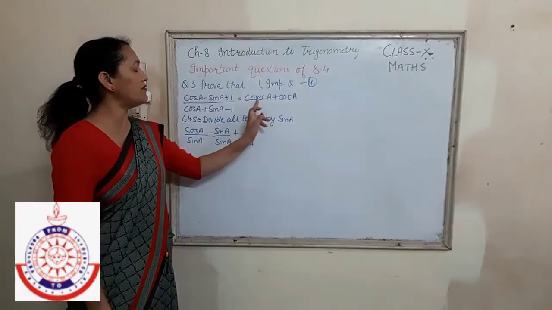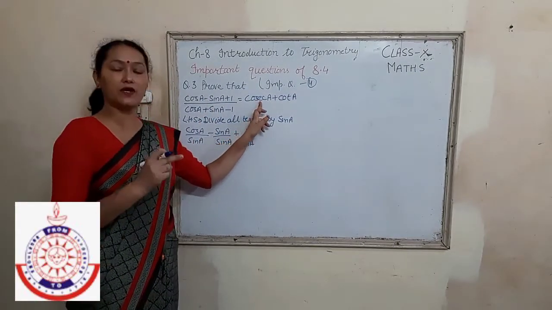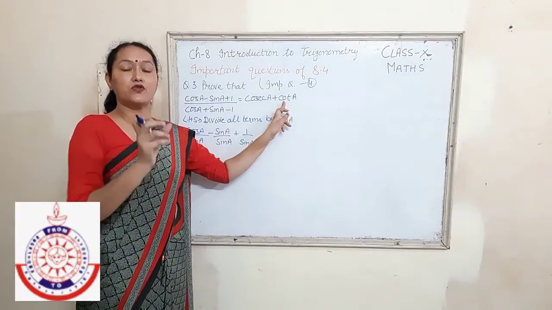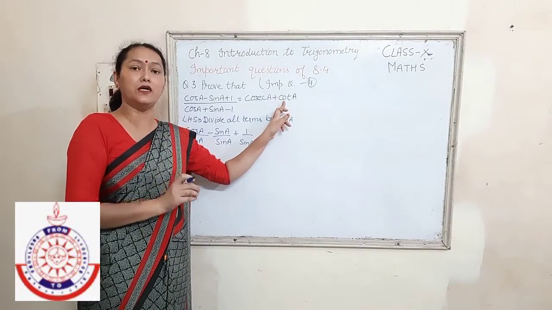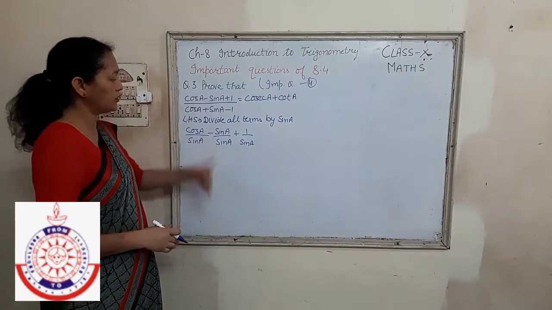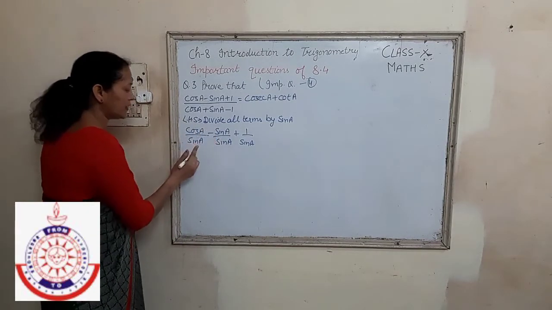Because from the right hand side we are having cosecant, meaning 1 upon sin A, and cot meaning cos upon sin A. So we are having sin A in the denominator. So we have to remember this point. We have to divide this left hand side by sin A only.